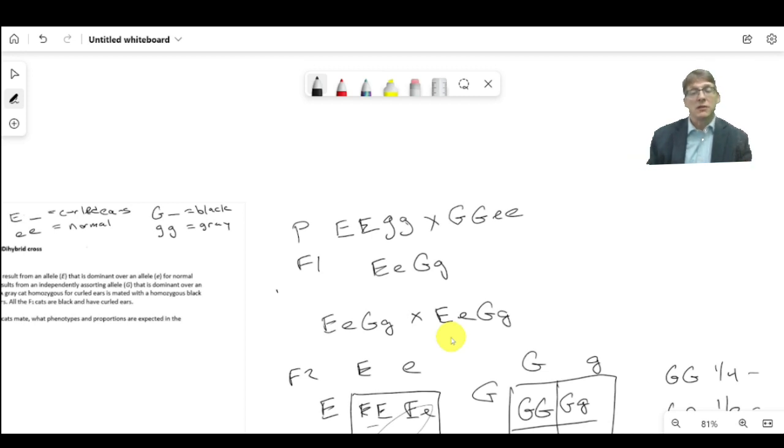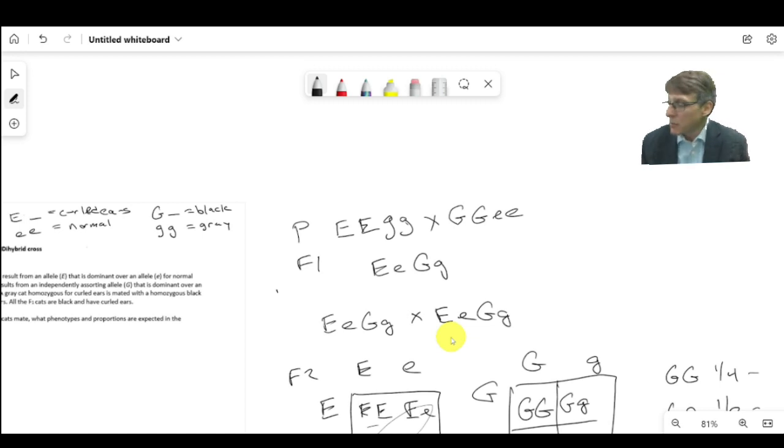When he did one of these dihybrid crosses, it didn't matter what traits we had, we start off with a homozygote dominant for each of the traits crossed with a homozygote recessive for each of the traits in the P generation. The F1 generation are all heterozygotes. We would end up with a characteristic proportion in the F2 generation.